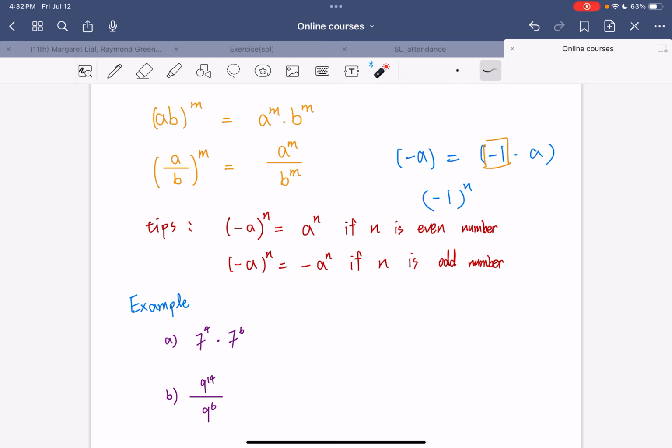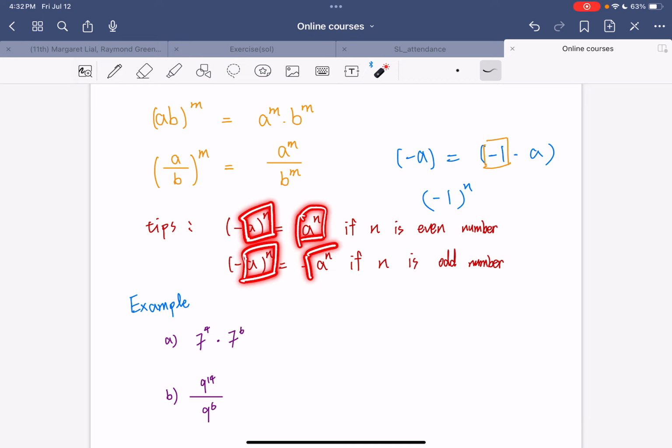So you got minus a to the power of n, if n is an odd number. So the point is about negative 1, not a, because a with power of n is always there.